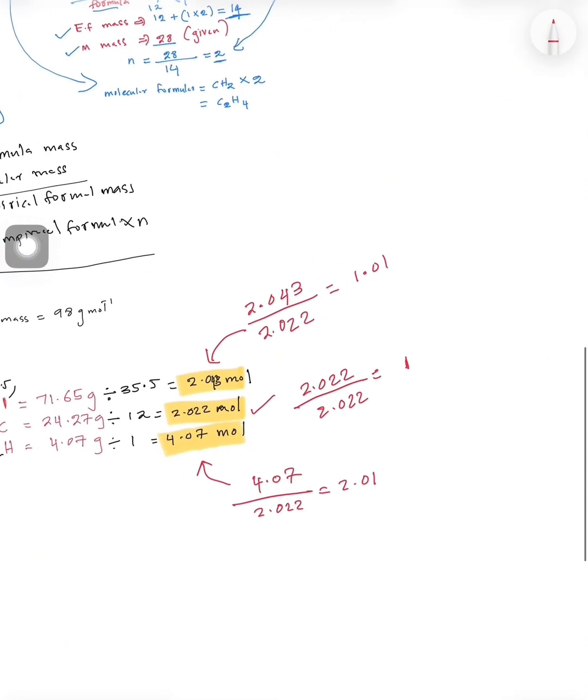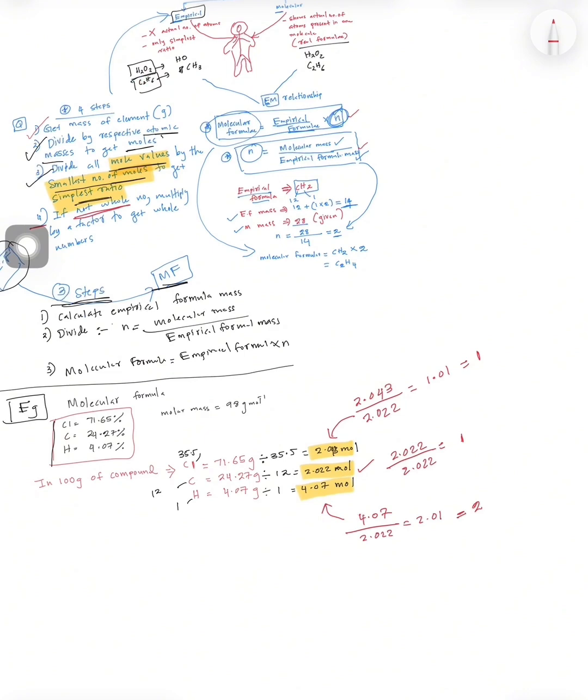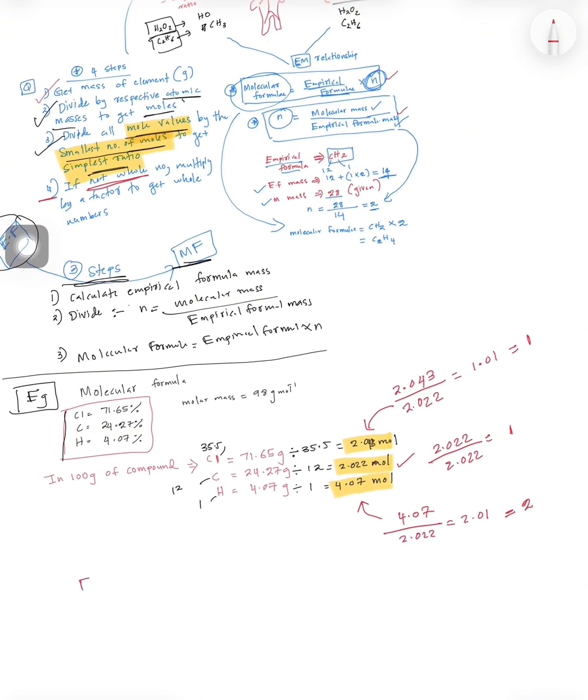But here, we can assume this as 1, this is also 1, and this is 2. So the empirical formula will be carbon 1, C, hydrogen 2, H2, chlorine 1, CH2Cl.